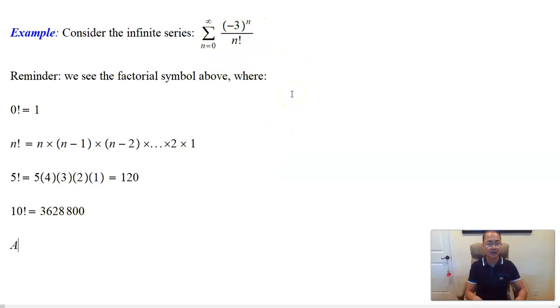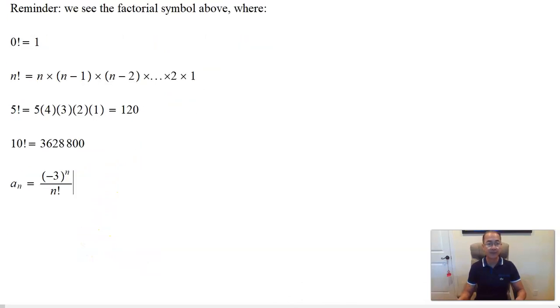Right? So we have a sub n is this term, negative 3 to the power n over n factorial. Right? So what we want to do is take the ratio of a sub n plus 1 to a sub n. As a warm-up, let us see how to properly compute a sub n plus 1.